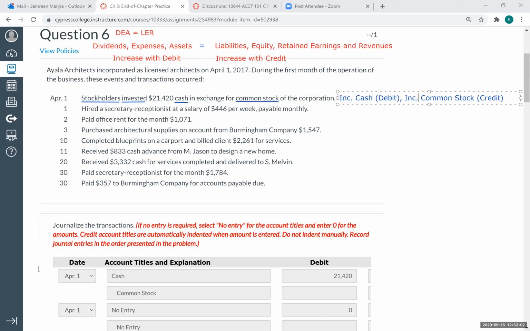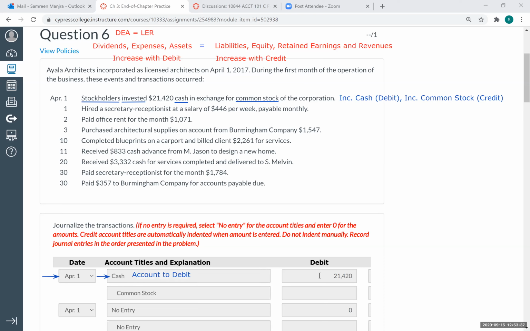When it comes to the journal entry, you will include the date of the transaction, so we have April 1st. The account that we're going to debit is always listed first, on the very top, and we include the amount to debit in the debit column.